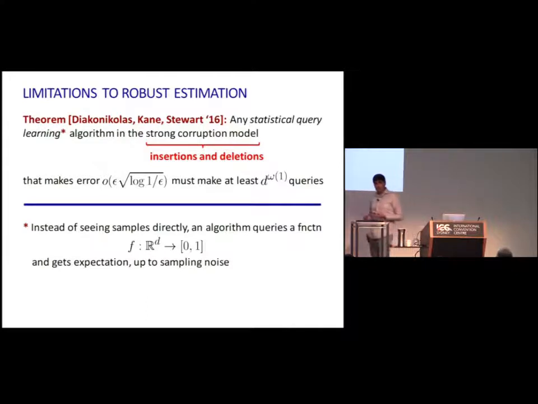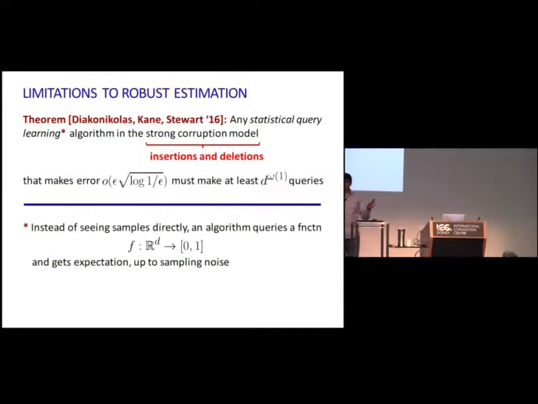It turns out that the algorithms I described are statistical query algorithms because they use simple things like the moments of the distribution. So they work in this framework, but it turns out that this framework can't get you down to O of epsilon. In fact, any statistical query learning algorithm in the strong corruption model, where there are both insertions and deletions, can't beat this barrier of epsilon times root log 1 over epsilon.